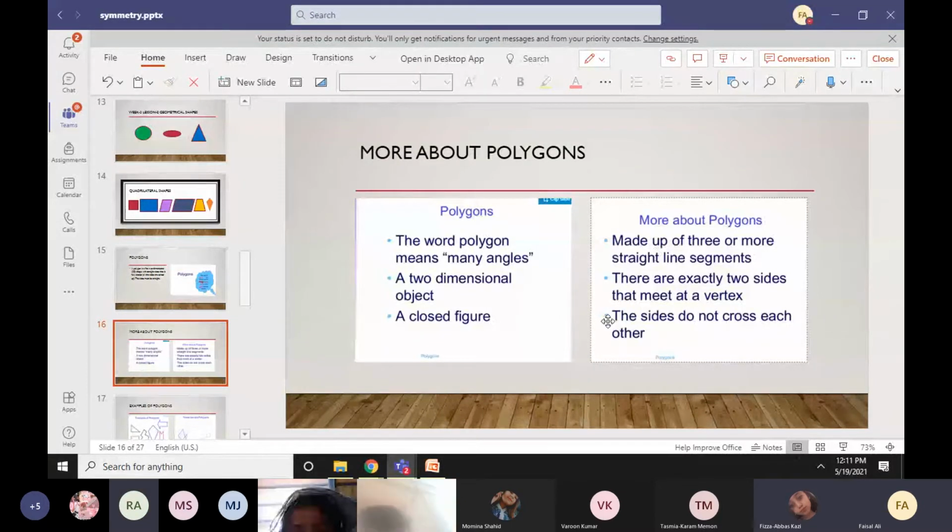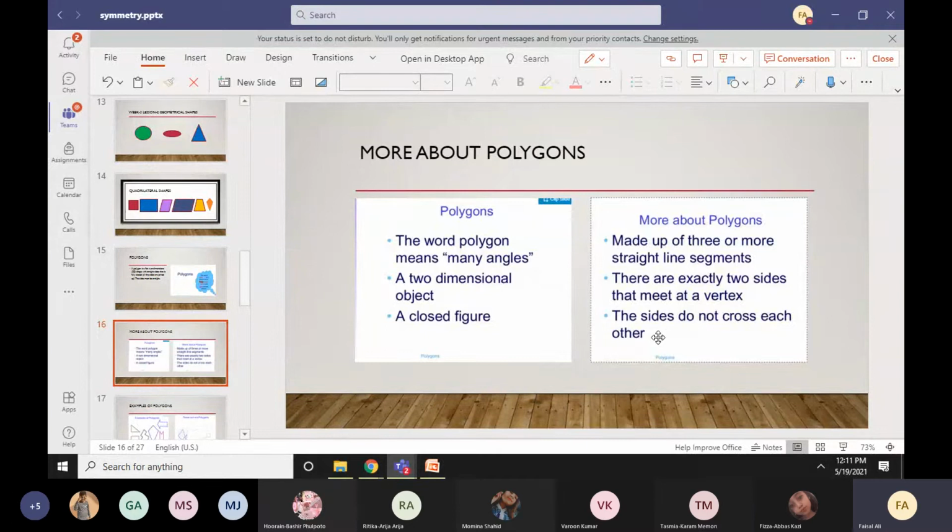Remember that in polygons the sides do not cross each other. Sir, what are polygons? Beta, polygons are figures that can be made by joining straight lines, but the polygon should be closed.